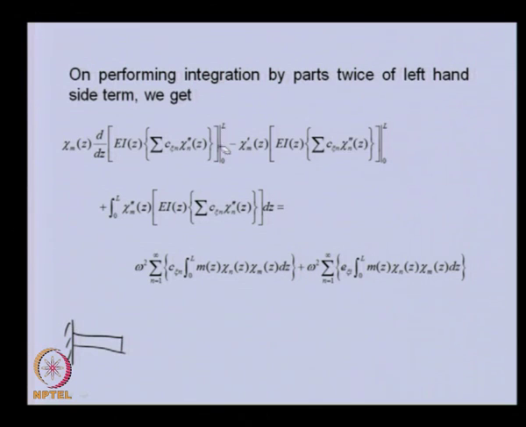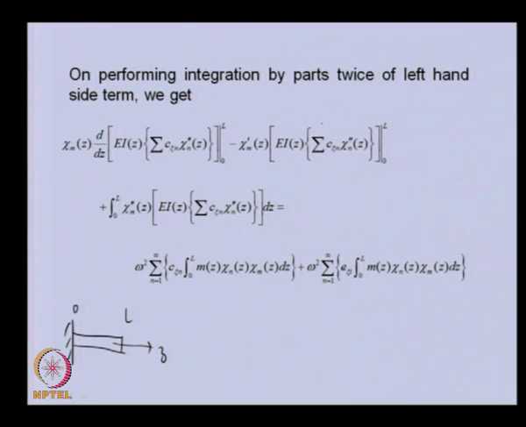If our axis system is z from 0 to L, then for z equal to L we have the shear force and bending moment 0, and this term is the bending moment. So you can see for z equal to L this term will be 0, and for x equal to 0 this term will be 0. So both the terms will be 0.